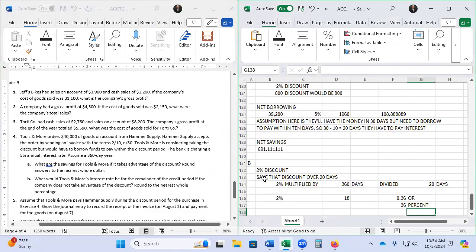They did do well, it says if they didn't do the discount, then essentially they're foregoing 2% that discount over the last 20 days. Okay.